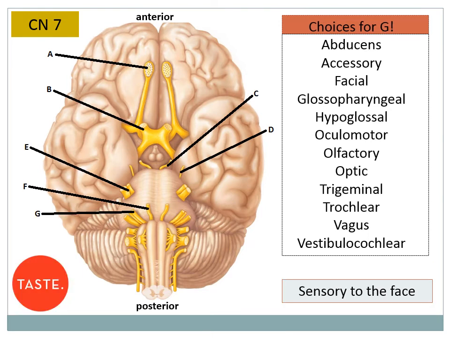Number 7 is sensory to the face. So if it's sensory to the face, things like taste, you can feel things that are happening to your face as well. So which one do you think would be sensory to the face? Good, facial, right? So number 7 is your facial nerve.